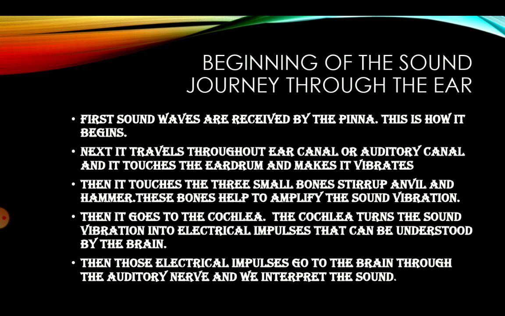The cochlea turns the sound vibration into electrical impulses, because sound vibrations can't be understood by the brain in the form they are. They need to be converted into electrical impulses so that they can be understood by the brain.